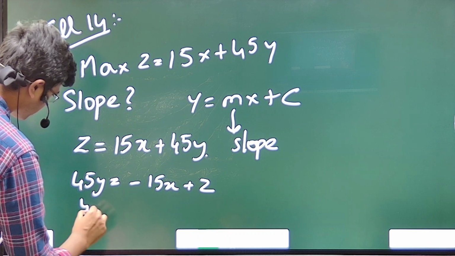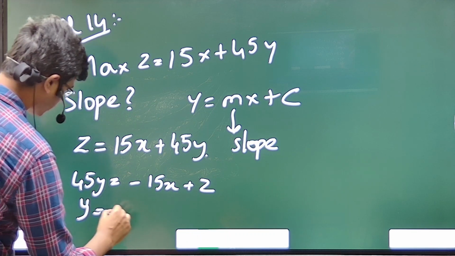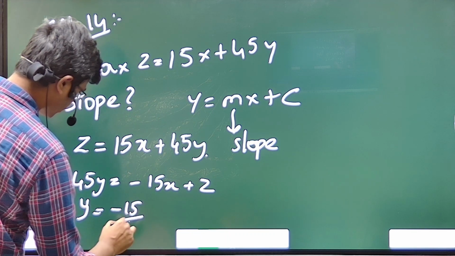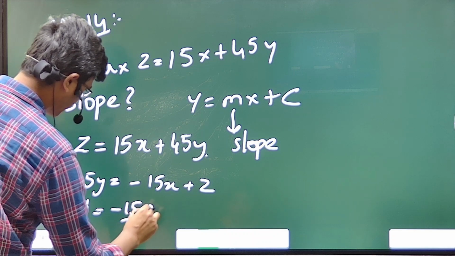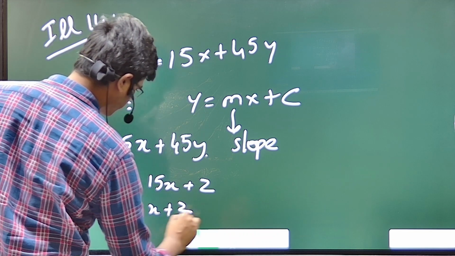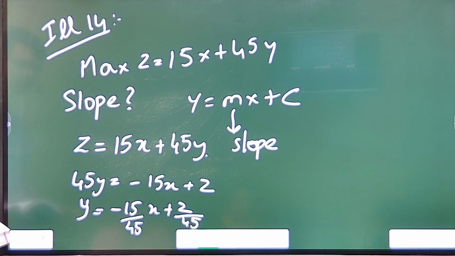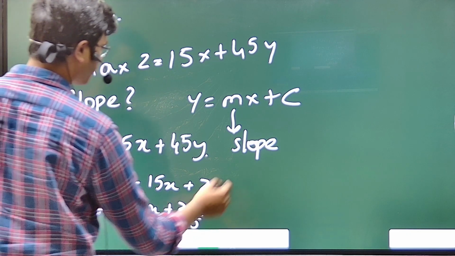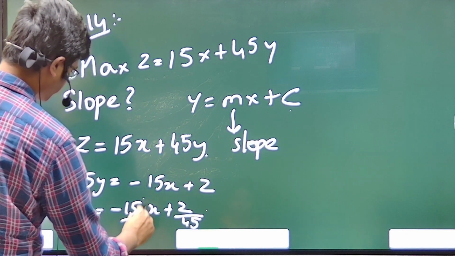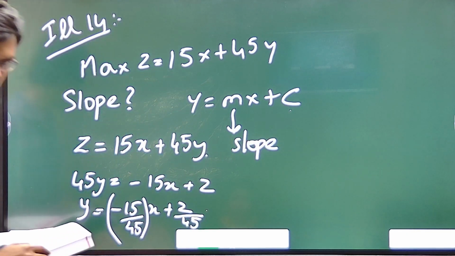Now y equal to minus 15 by 45 x plus z by 45. So z by 45 will be your c and minus 15 by 45 will be your m.